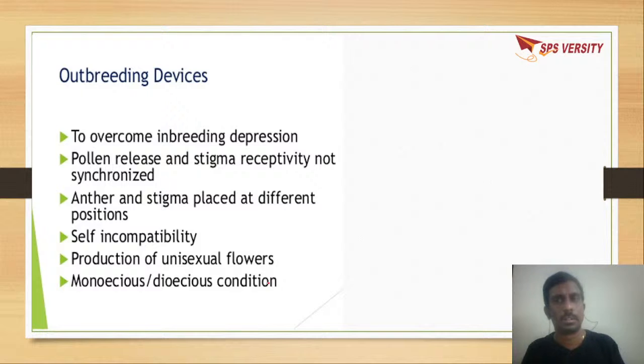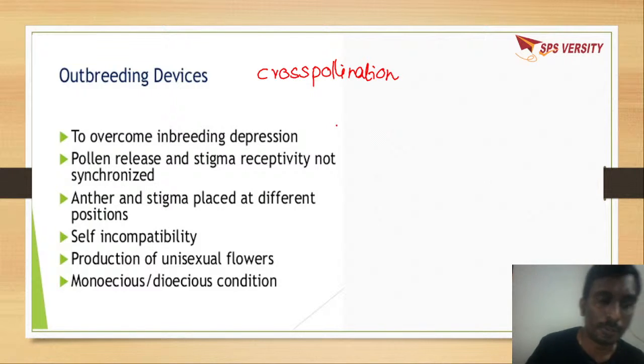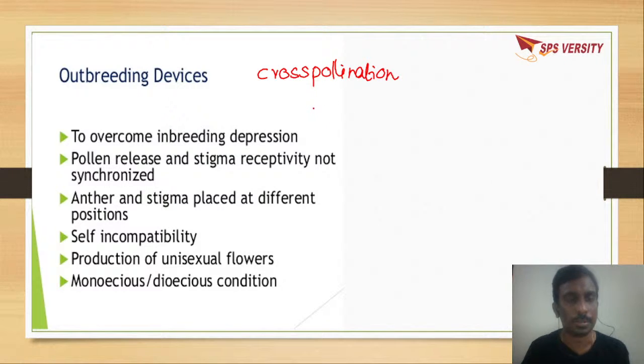Here many plants prefer outbreeding. Outbreeding means most plants prefer cross-pollination over self-pollination. What is the reason for preferring cross-pollination over self-pollination? The reason is that continuous self-pollination leads to inbreeding depression.